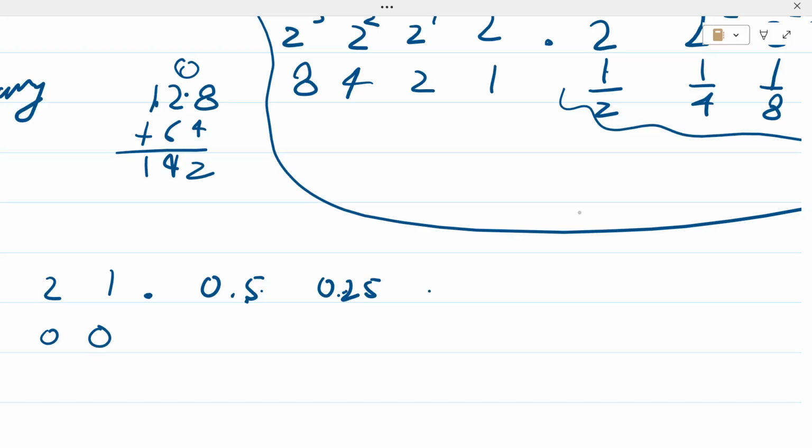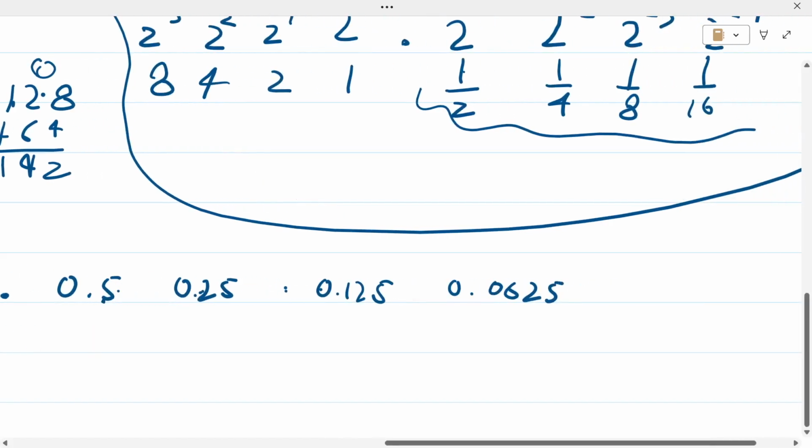Then 1 over 8 would be 0.125. Then there's 0.0625. And the last one here is 0.03125, okay?